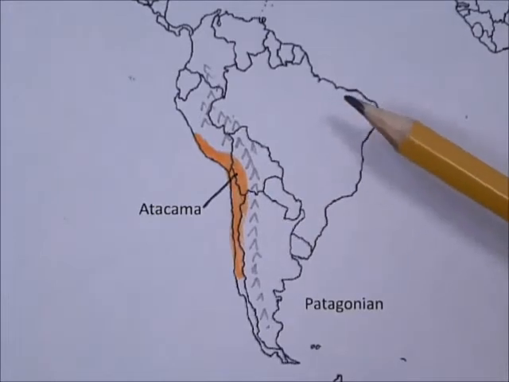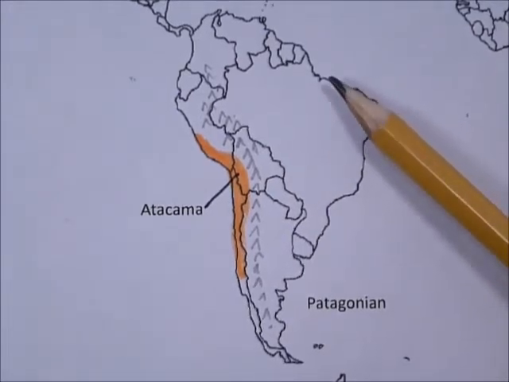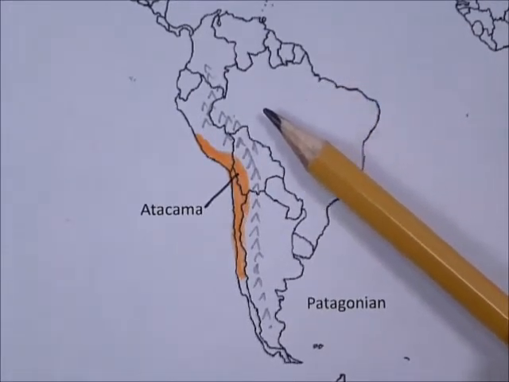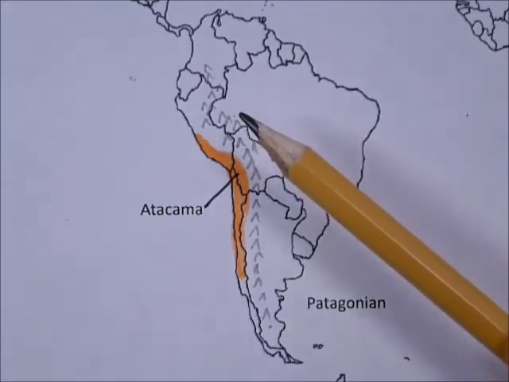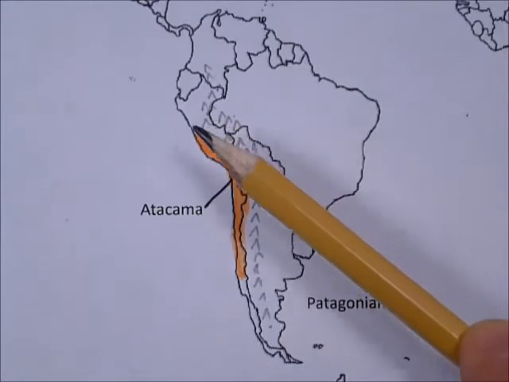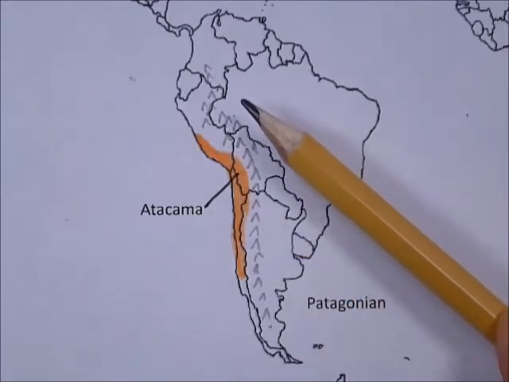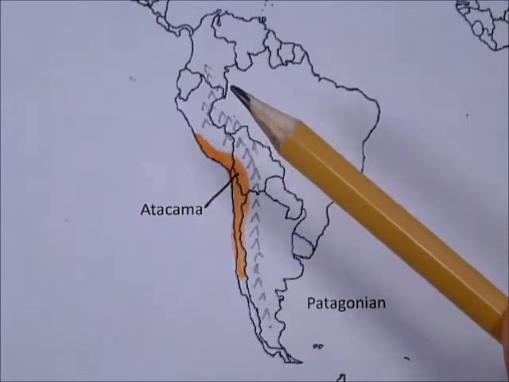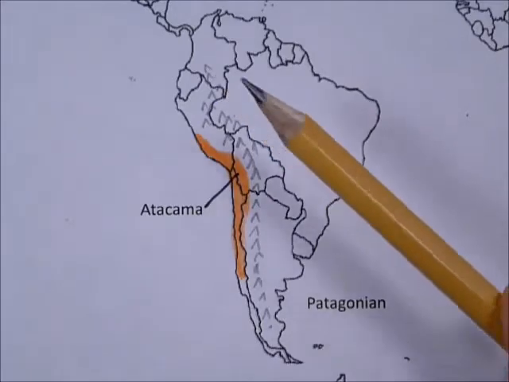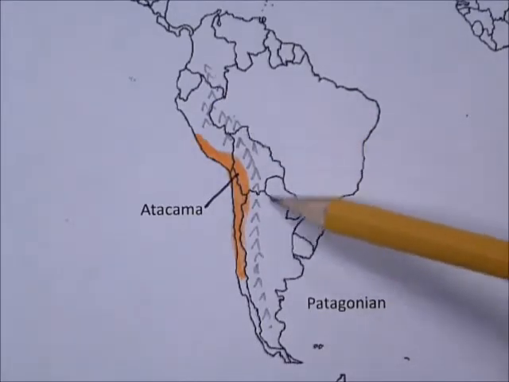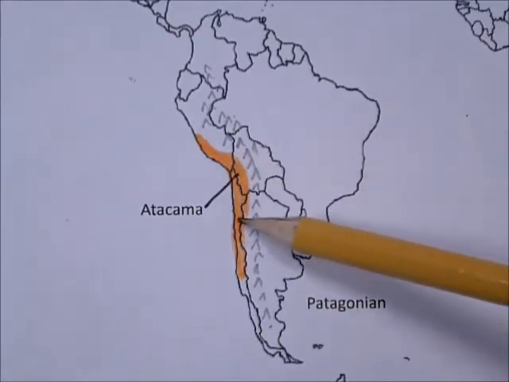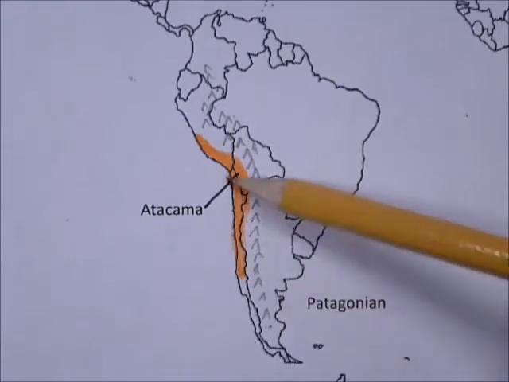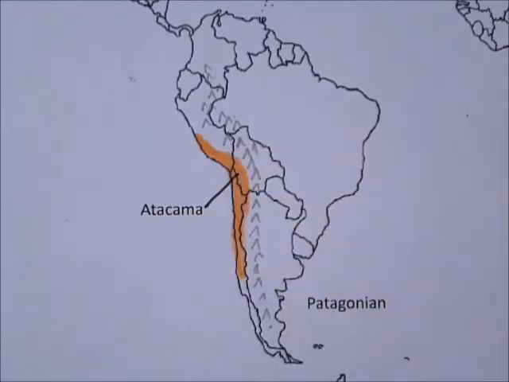The prevailing winds, that means most of the time the wind is blowing this way, and it takes this moist air over to the mountains, and then it has to rise, it has to go up over the mountains and then down. And on its way up, the air loses its moisture, gets cool, the moisture drops as rain, so it rains over here. By the time the air gets to the other side, over here it's completely dry, and so you get this long dry desert.